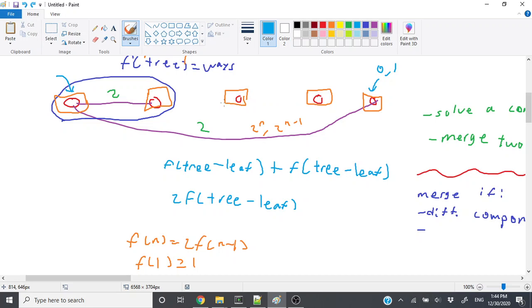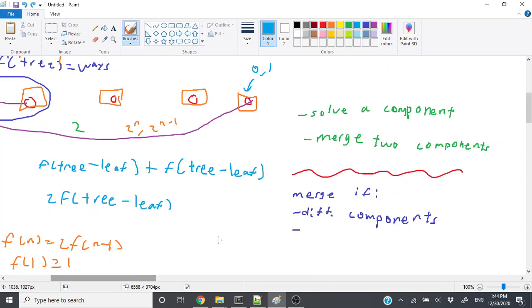But if one of the components is solved and one isn't, then that will add a solution to the other one, which is beneficial. And if neither of them are solved, then it will merge them, so that's still good. So we merge if A, they have to be in different components, and B, they have to not both be solved.